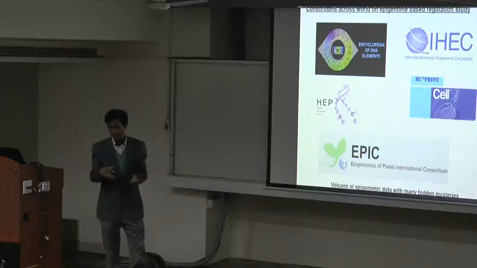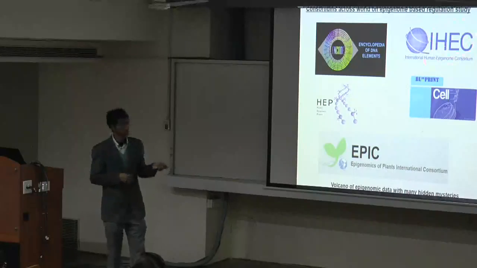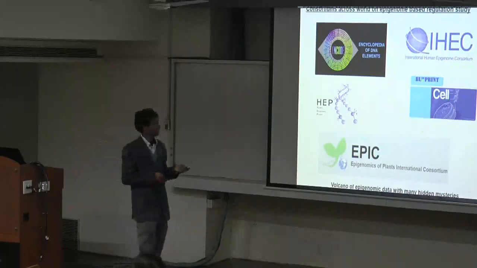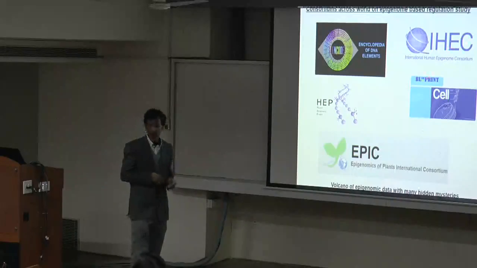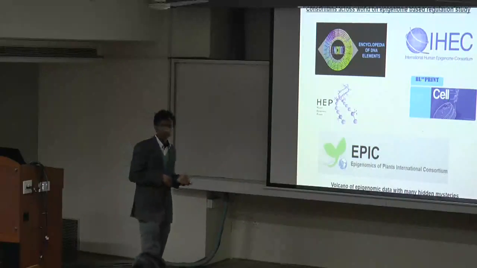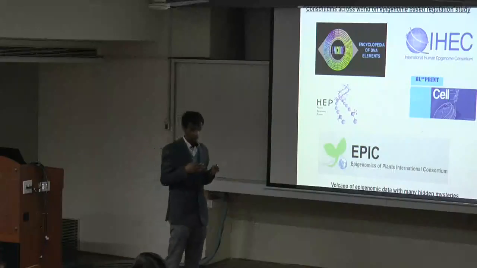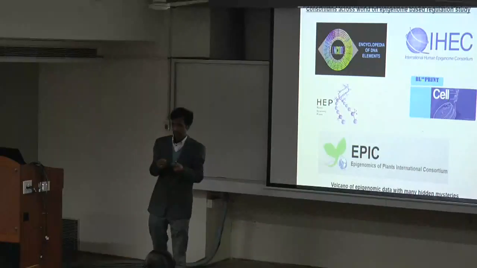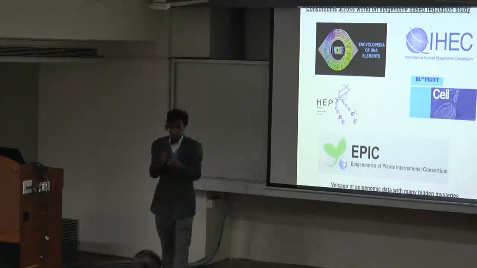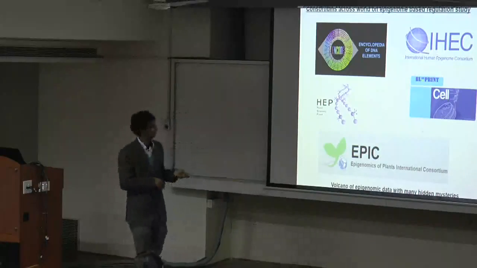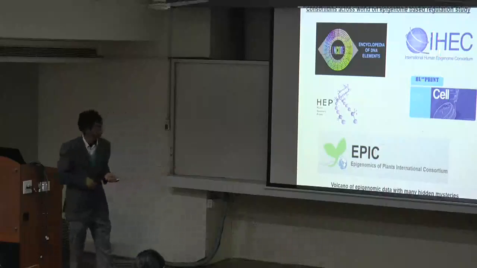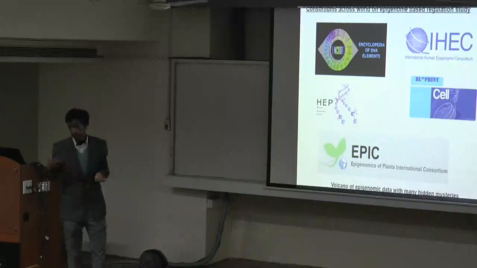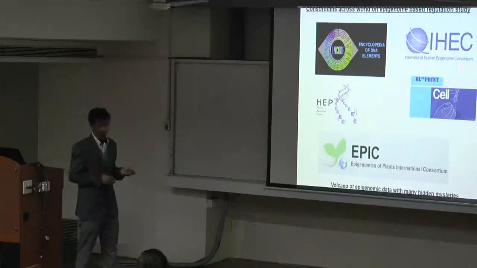And they publish together. And we were part of IHEC. So IHEC is the International Human Epigenome Consortium. This consortium is to profile the epigenome in primary human cells. Not like perpetualized. They have not been made artificially. Primary human cells. So we published some of our data with IHEC.